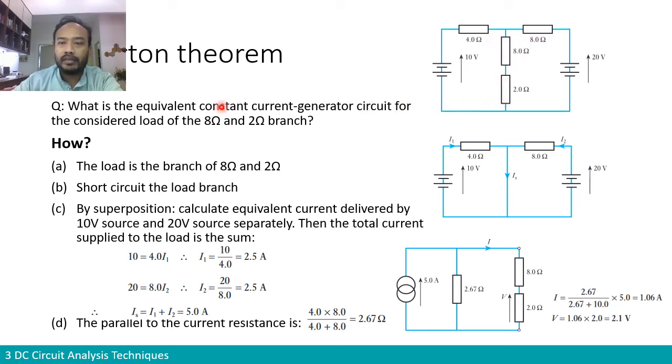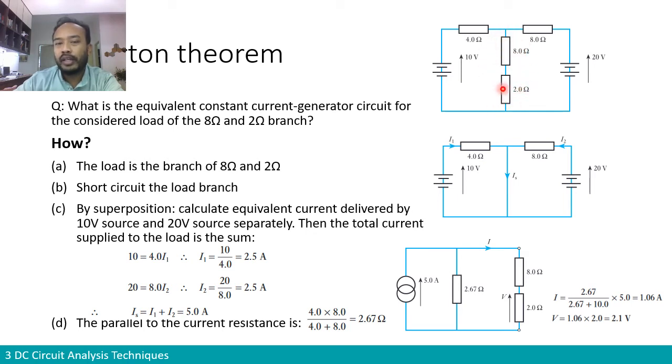The question asks us for a different thing. It asks what is the equivalent constant current generator circuit for the considered load of the 8 ohm and 2 ohm branch. So we are imagining in this circuit that we are considering this branch as the load, right?